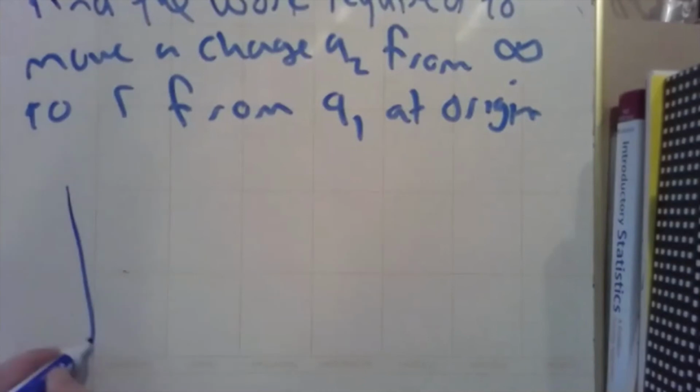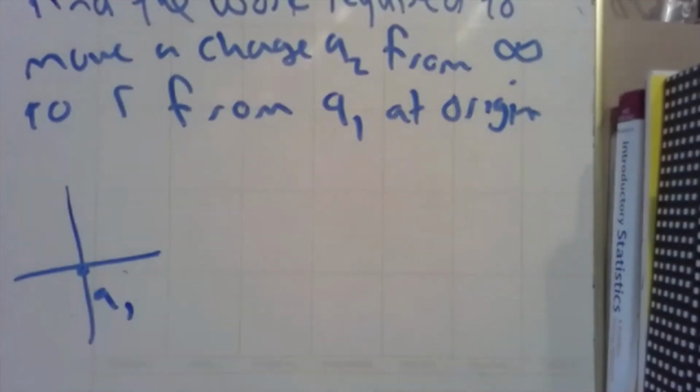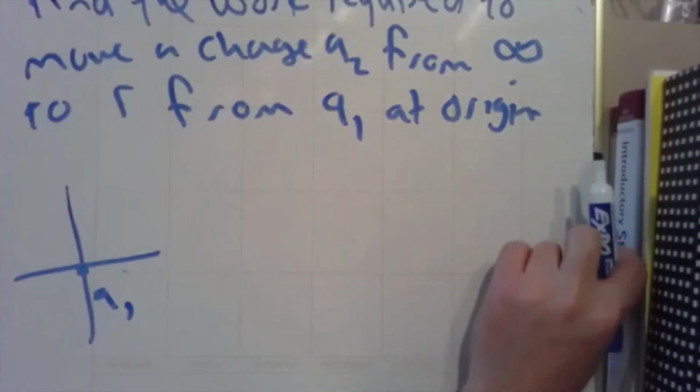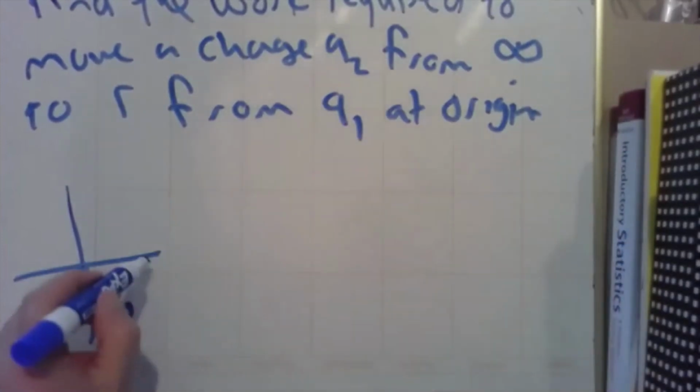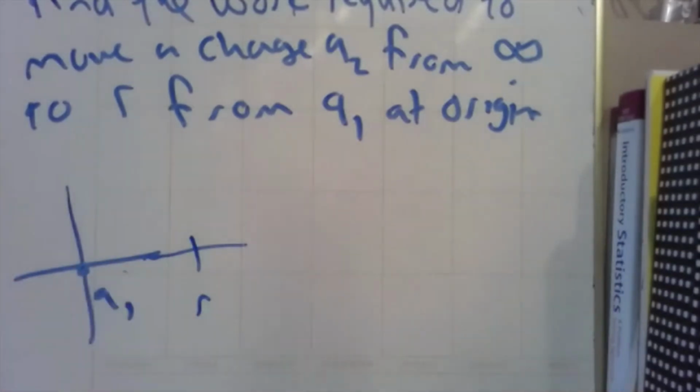Okay, so I've got here some Q1 sitting at the origin. I want to figure out how much work I would have to do to take another charge all the way from infinity and bring it in this close, some distance R away. So that's the calculation I'm going to do.